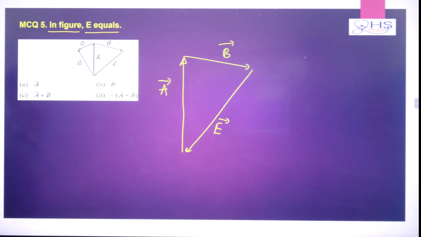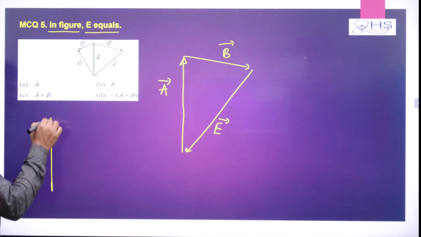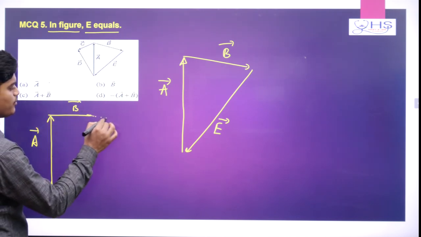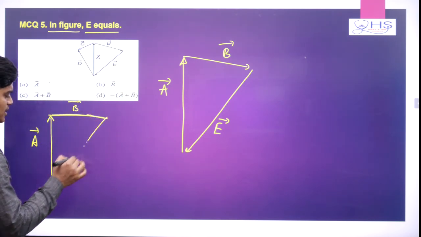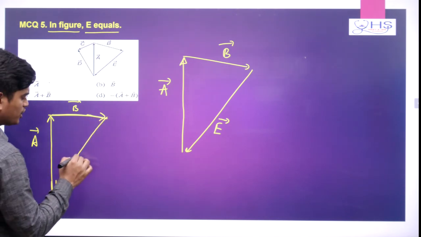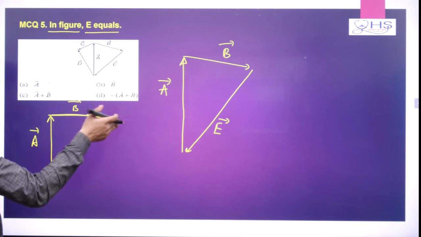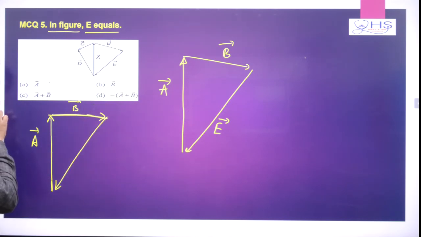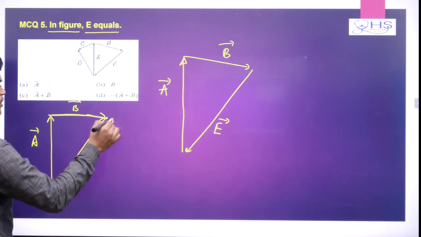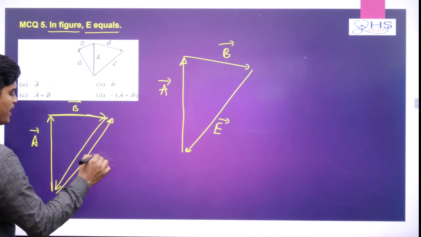See, I told you about the resultant of vectors: if the A vector is like this and the B vector like this, then joining from here to here gives the E vector. In addition, we have already told that if you take this vector this way, then this will be nothing but A vector plus B vector.